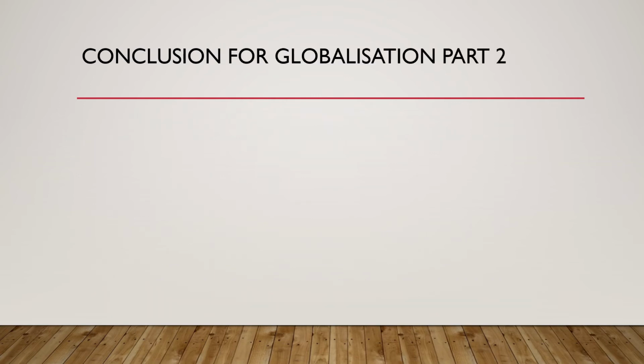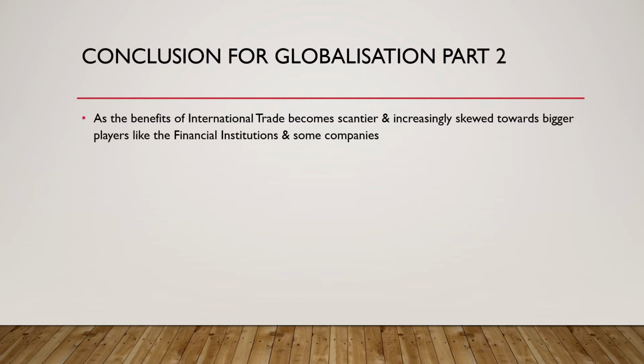Now, as international trade is a very important ingredient of globalization, because of all this, what actually happens to globalization? As the benefits of international trade become scantier and increasingly skewed towards some big players like the financial institutions and a limited number of big companies, the advantages of globalization start to look very murky.